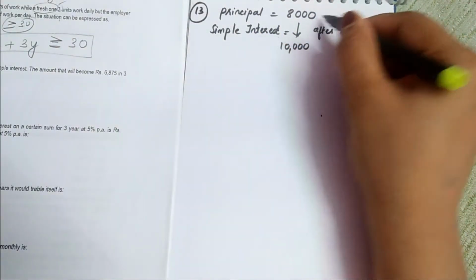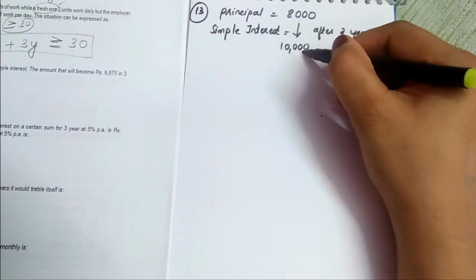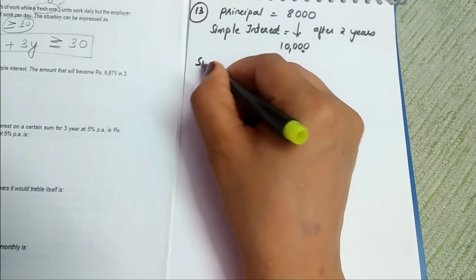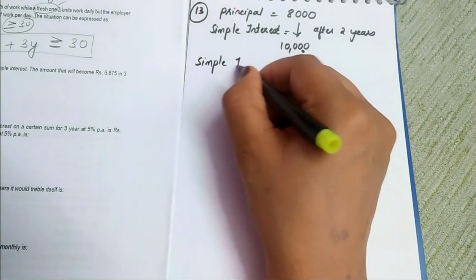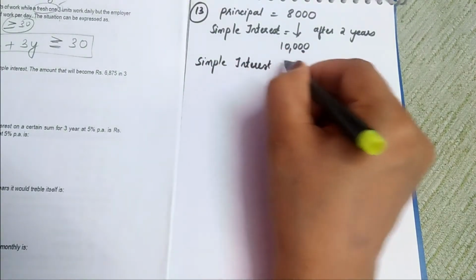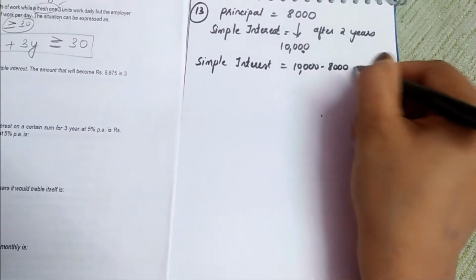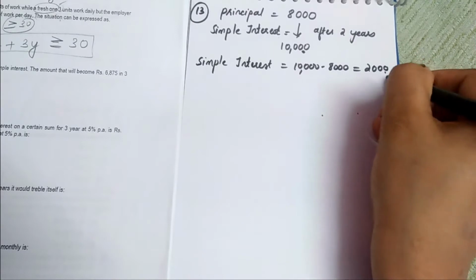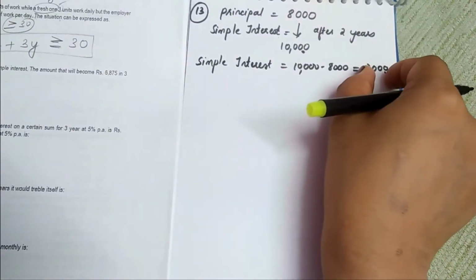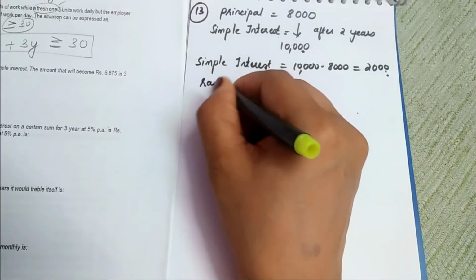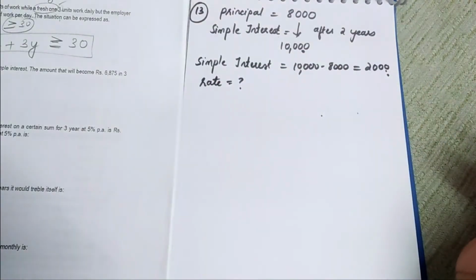With simple interest, we get an increment of 2,000. What is the interest that we got? 10,000 minus 8,000, which equals 2,000. So we need to find out the rate of interest. How will we find the rate?